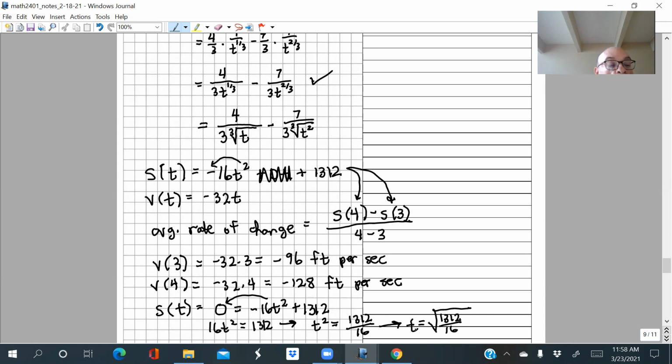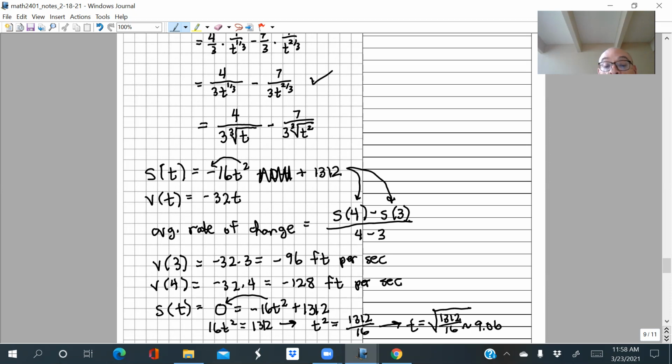And then we just take the square root of that, which is going to be a little bit more than 9, I think. So this turns out to be approximately 9.06. It's really 9.055 with a bunch of other decimal places, but approximately 9.06. So that's how long it takes to hit the ground. Just a little bit more than 9 seconds.